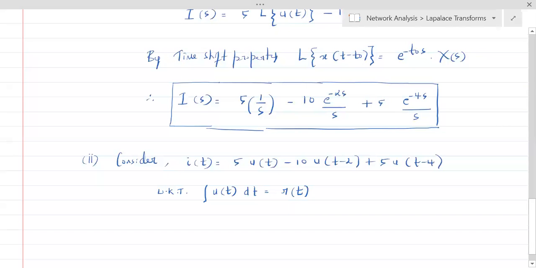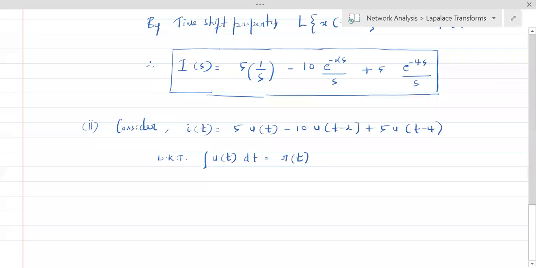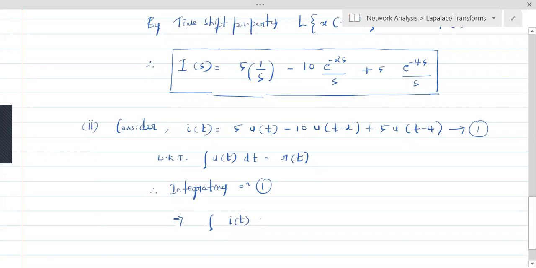Therefore, integrating equation number 1 implies the integration of I of t dt is equal to 5 r of t, because if you integrate u of t you get r of t, minus 10 r of t minus 2, since integrating u of t minus 2 gives r of t minus 2.